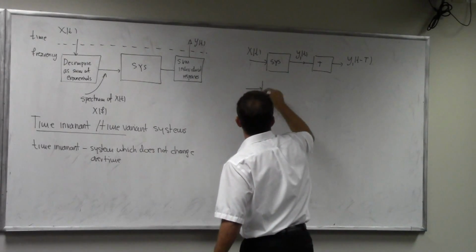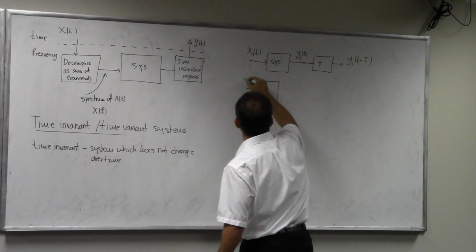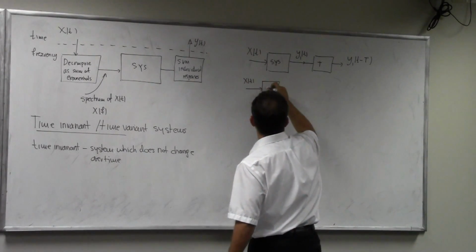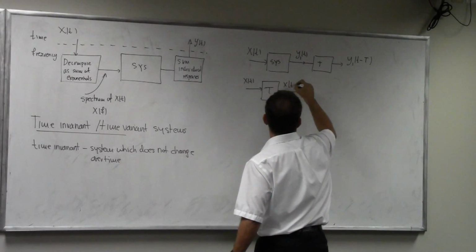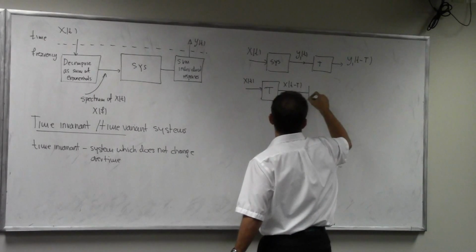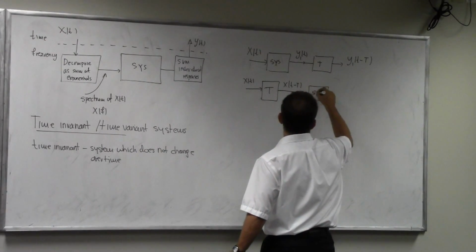In the other scenario, I take the same input x of t, and I delay it first, so I get x of t minus capital T, and I present this to the system.